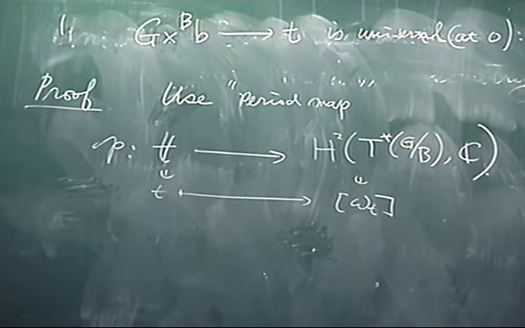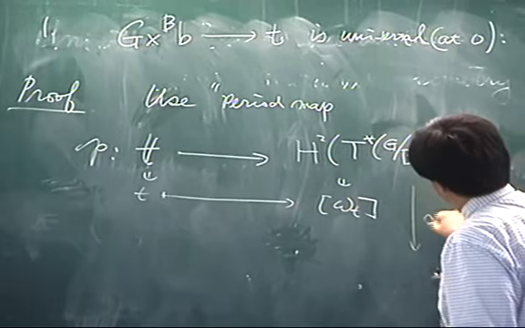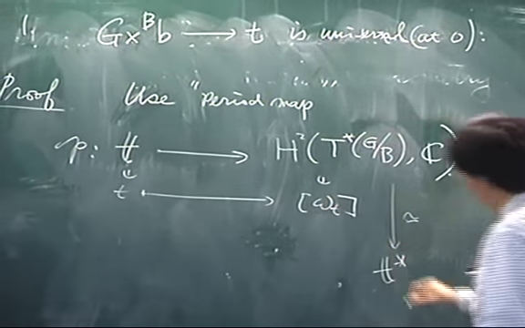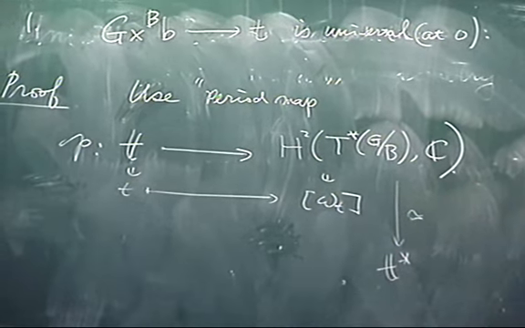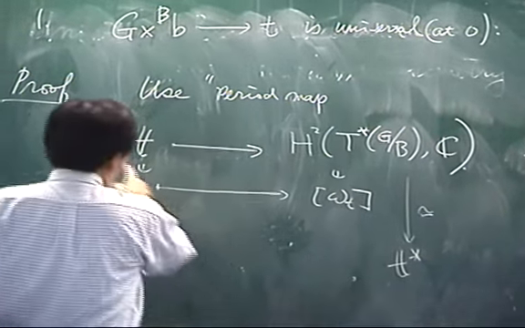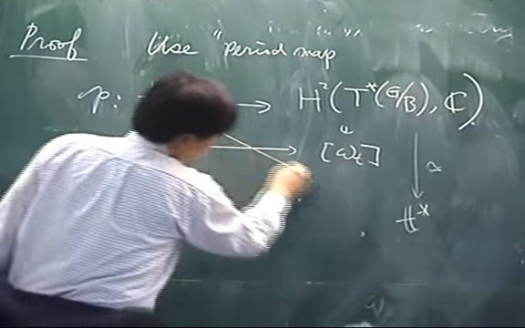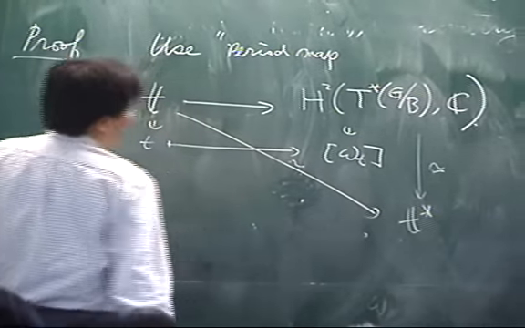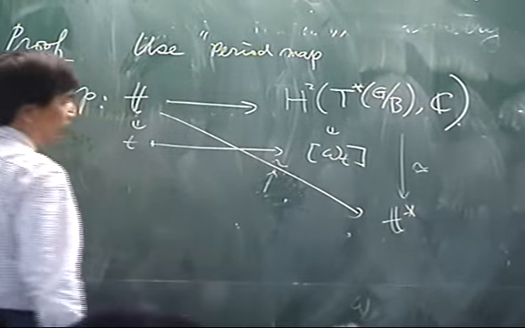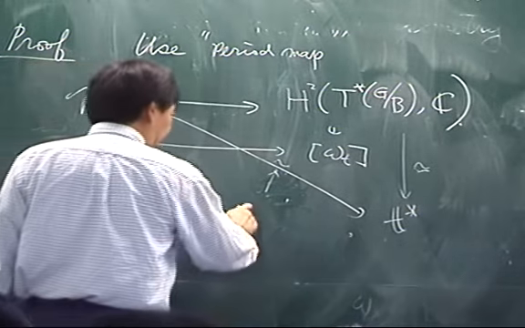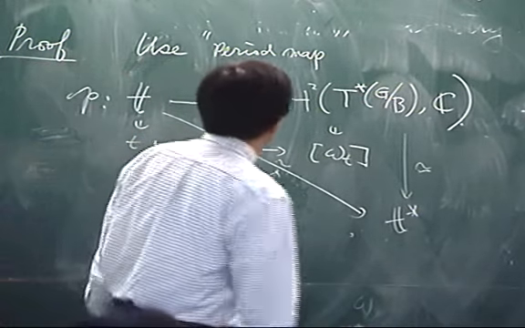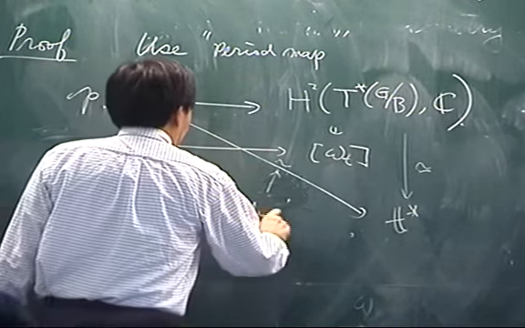But this is naturally identified with the dual space of T. And this P is just the isomorphism induced by the constant Kirillov form.